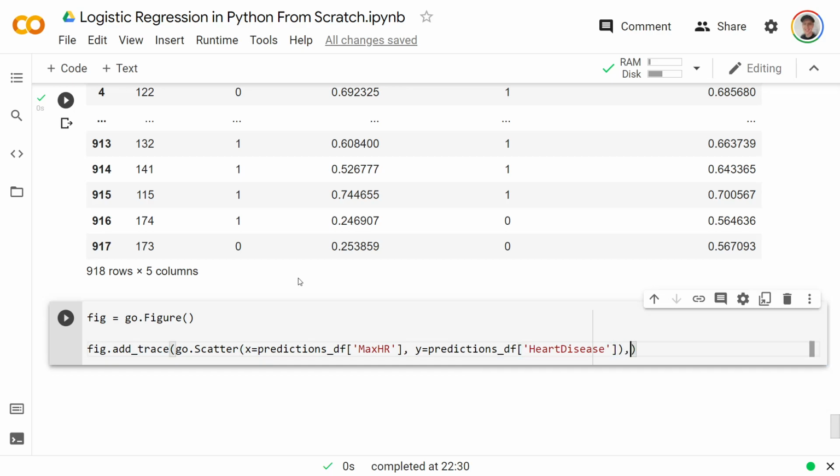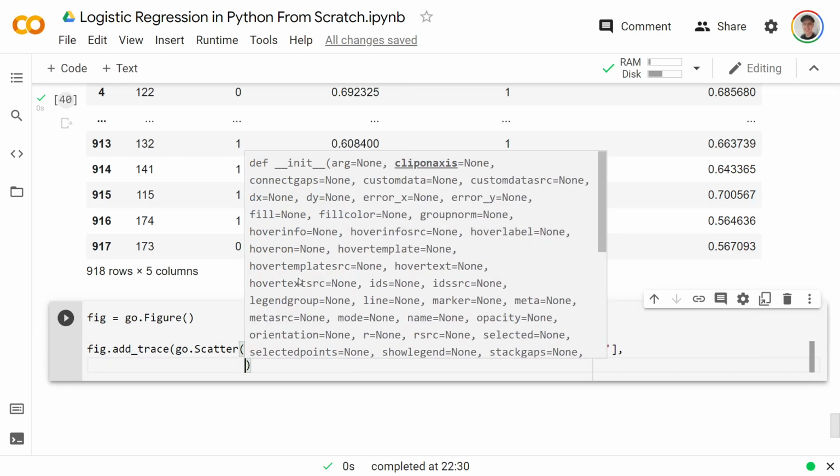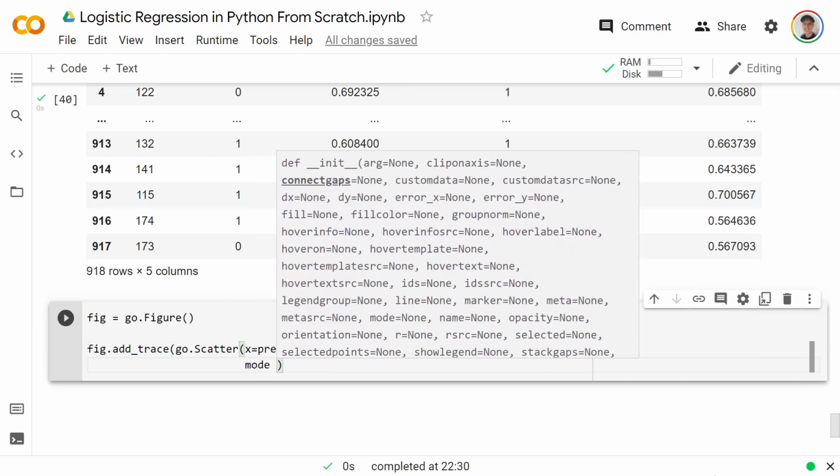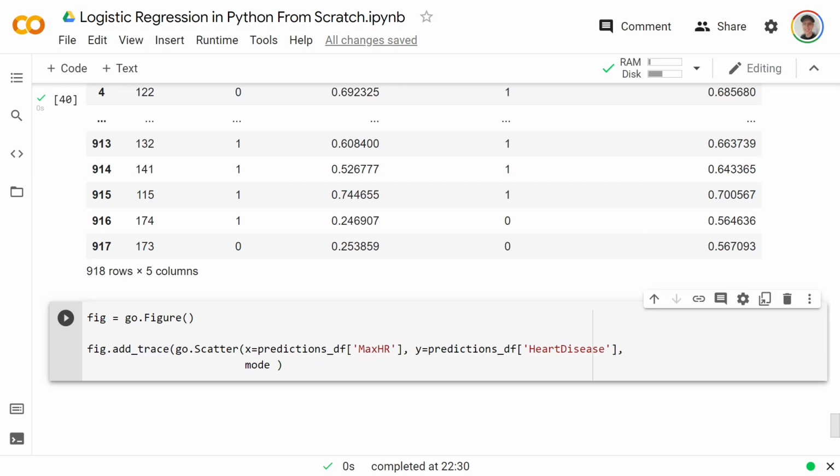We will set the mode. Oh, I didn't bring myself back again, did I? I'm disappearing. Actually, that's fine for this. This might get a little bit lengthy. So we'll set mode equal to markers. We'll set name equal to observed, so what actually happened, whether they did have heart disease or not.